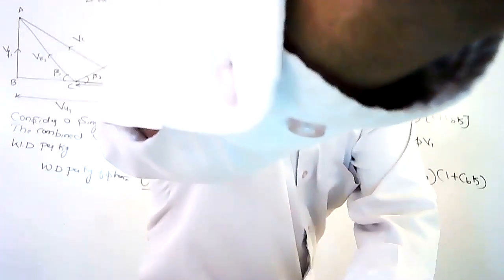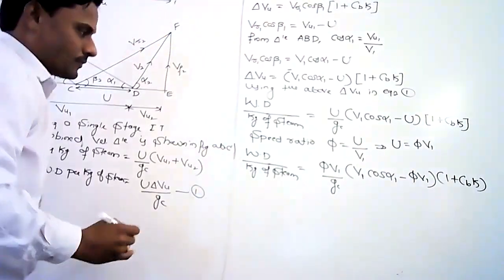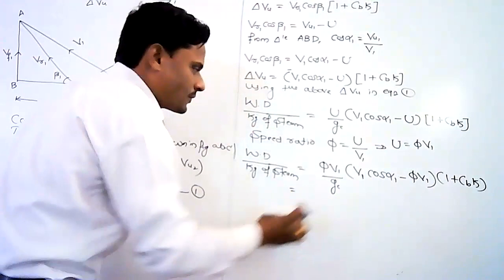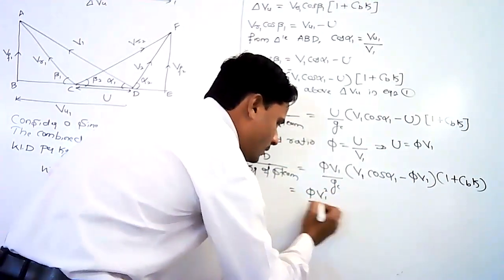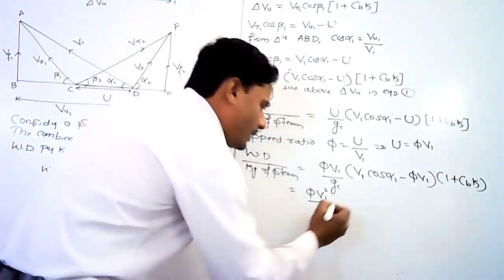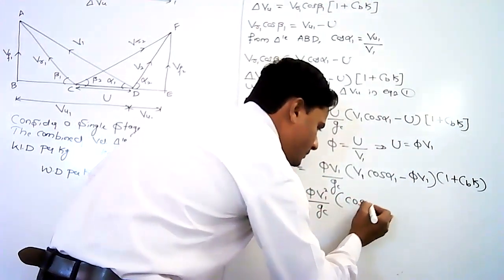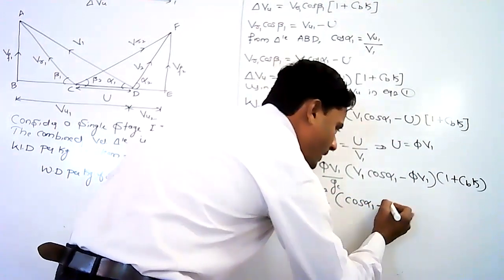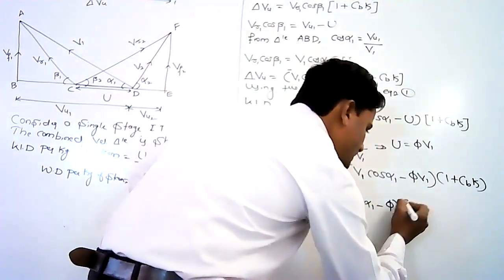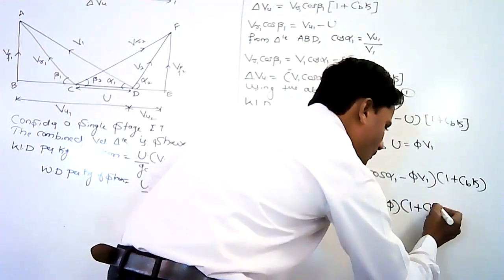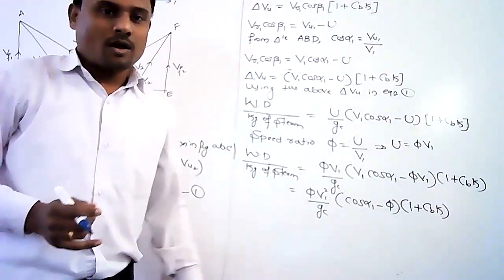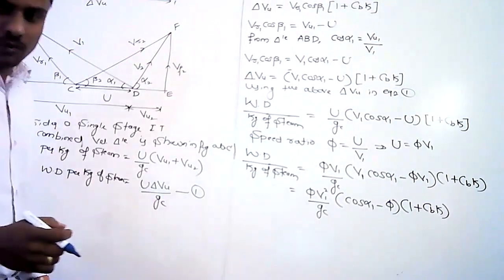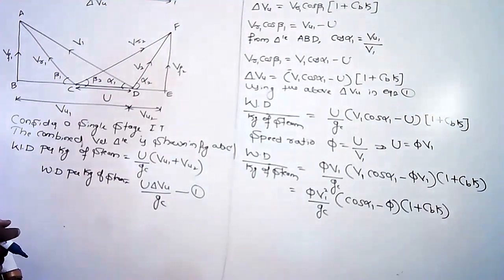So work done per kg of steam equals phi into V1 square divided by Gc into cos alpha into (1 minus phi) into (1 plus Cb into K). This is the work done per kg of steam.